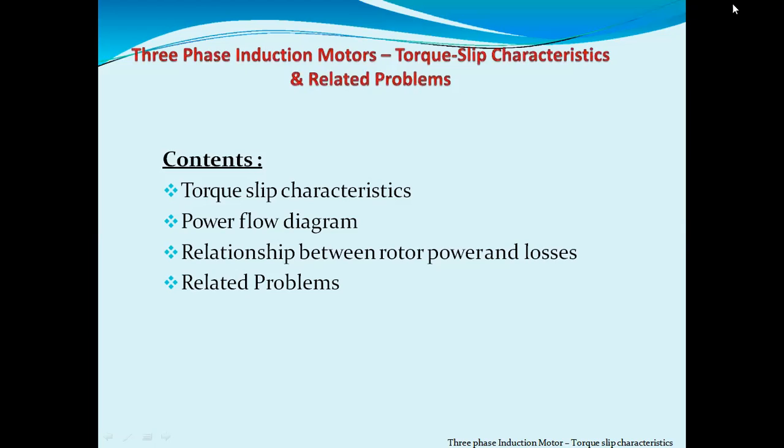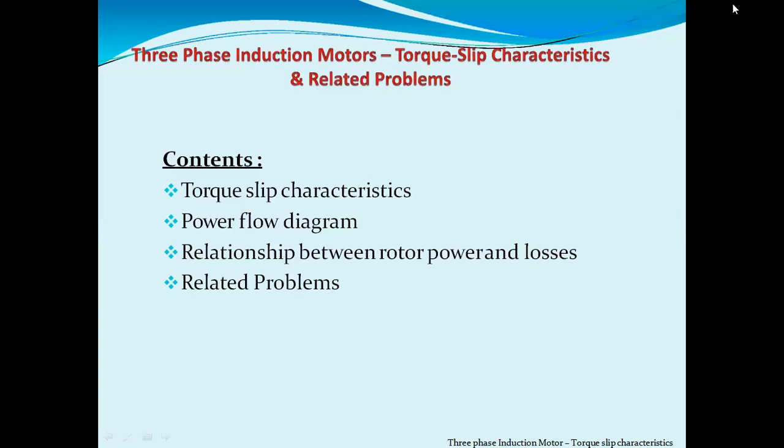Then we have seen the torque equation. We get torque equal to S into E2 square into R2, upon R2 square plus S into X2 square. E2 is the voltage of the rotor, 2 is for rotor. R2 is the resistance of the rotor.